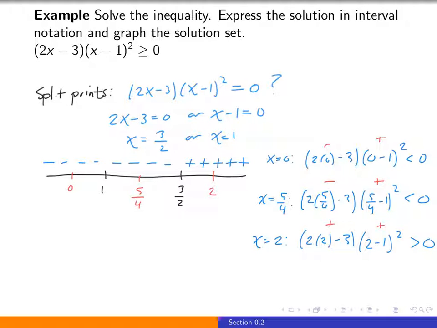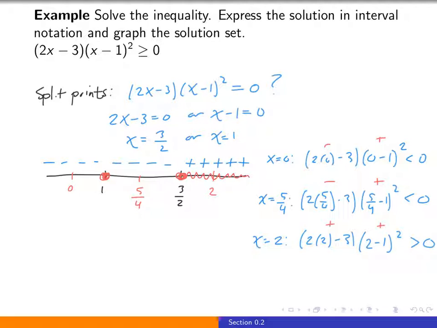At this point, we go back and think about what the original question was asking. For this polynomial expression, where is it bigger than or equal to 0? Well, note in terms of our graph, it's equal to 0 at 1 and at 3 halves. And it is going to be bigger than 0 to the right of 3 halves.